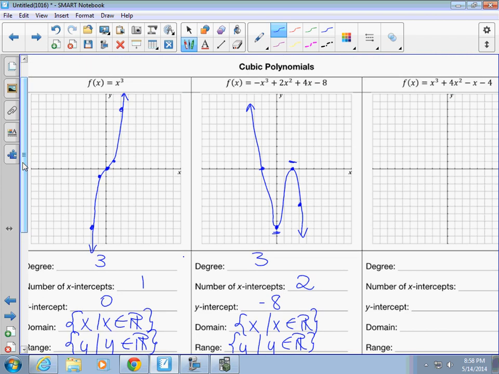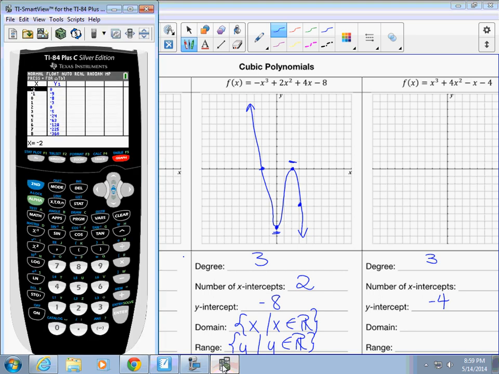So last graph. I've got a degree of 3. I know for sure my y-intercept is going to be at 0, -4. So now let's graph it and see what we can find out.